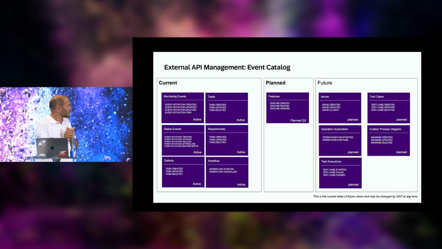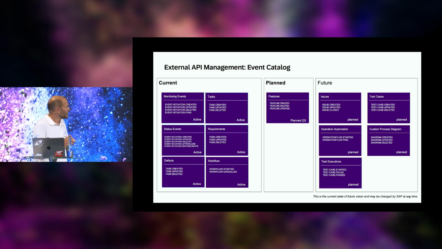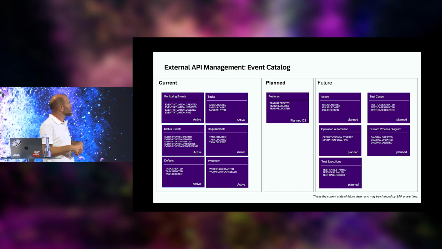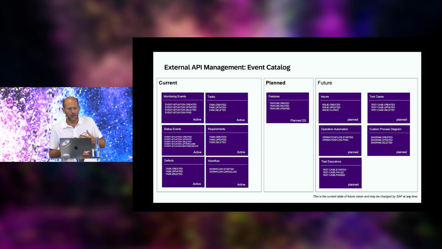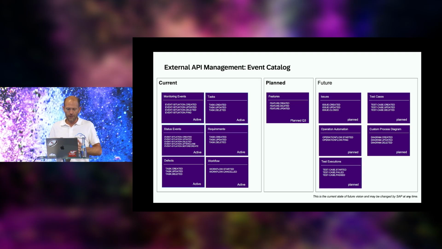Regarding the integration, when you would like to communicate with an external system with External API Management, we can react on several types of events. Right now, today, you can use monitoring events, task events, status events, requirements events, defects, and also workflow. That means, for instance, for the task, when a task is created in the task management of SAP Cloud ALM, we can trigger an action on an external system like Jira, and we can create a task in Jira.